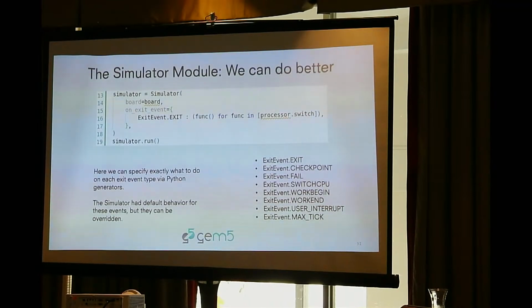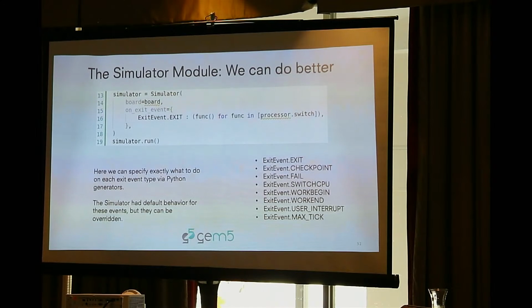In this one, we use Python generators for this. In this example, we're saying, on the first exit event, run processor.switch. And you notice there's only one item in this generator, so it's saying only do this for the first m5 exit event. The second one, just run normally.